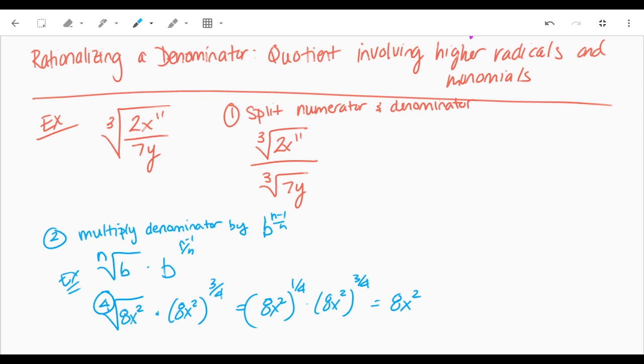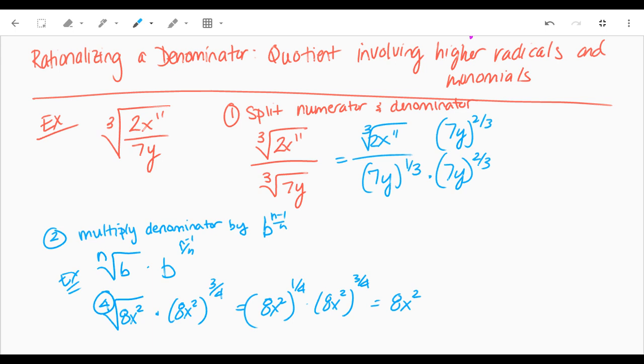Okay, so since we have basically 7y to the 1/3, we're going to multiply by 7y to the 2/3. And this is really important that you can go between those rational exponents and the roots, because we're going to keep the roots in the top.